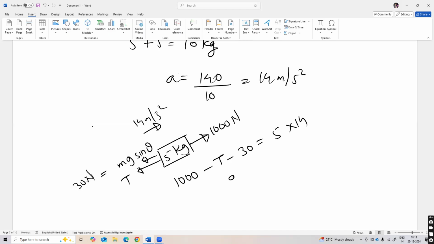So you got 970 minus T is equal to 14 into 5, so it is 70. So T is basically equal to 1040 Newton.